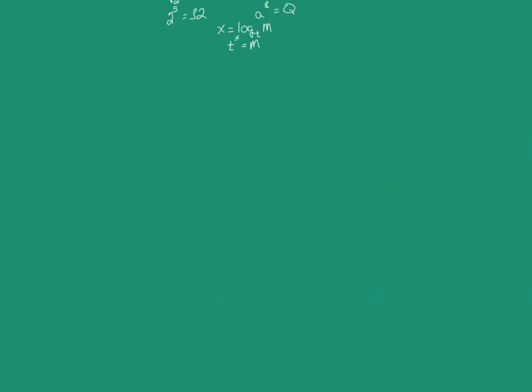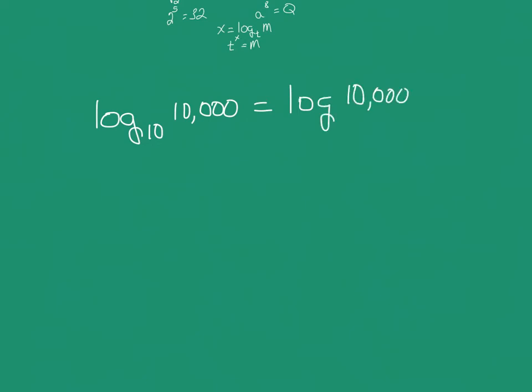Now, using that idea, I want us to find the value of some logs. If I have log base 10 of 10,000, that's the same thing as the log of 10,000. I don't have to put base 10 if it's base 10.